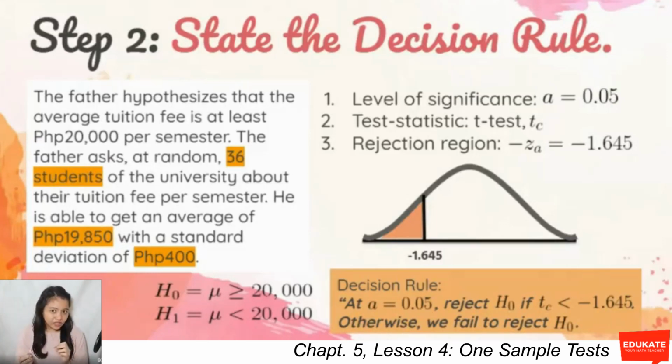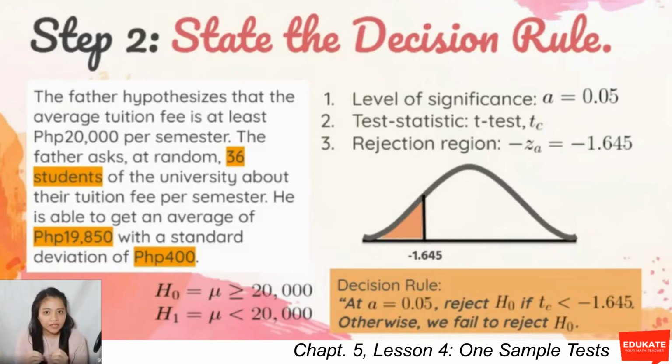So kung naalala nyo kanina, ang inassume lang natin ay wala siyang population mean and population variance. Hindi natin sinabi na we are going to assume a standard normal distribution. So ganito yan. Pag inassume mo na standard normal distribution, diretso ka hanggang dulo, use your z-table. So you're going to do z-test.